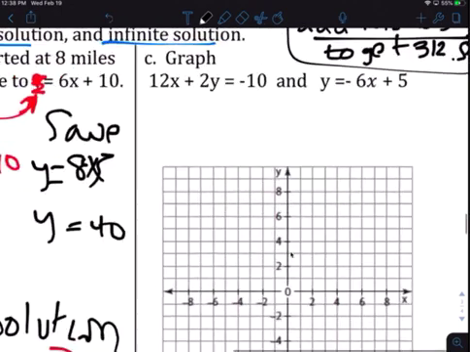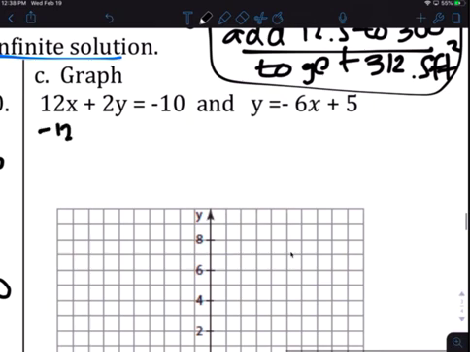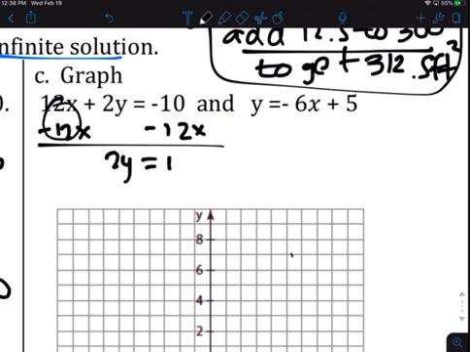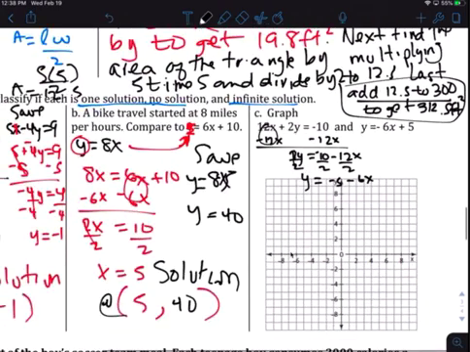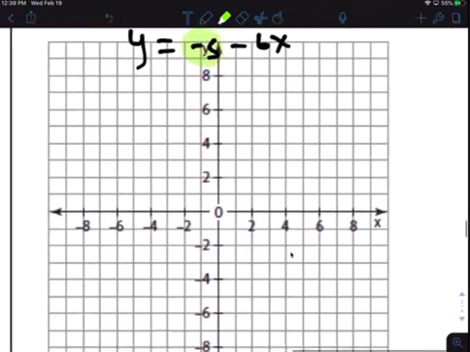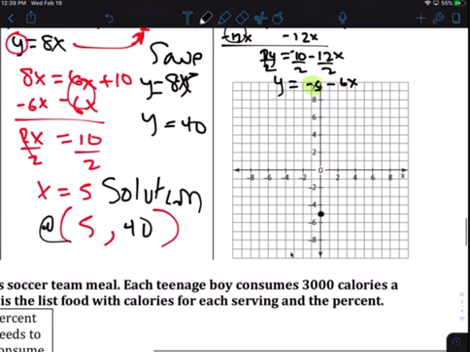Okay, to graph this, subtract 12x from both sides, 2y equals negative 10 minus 12x, divide by 2, y equals negative 5 minus 6x. So you start out at negative 5 here. Go down 6 over 1.